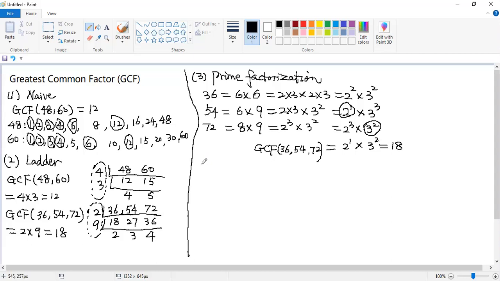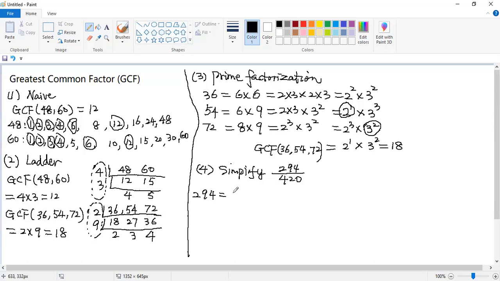Finally, let's look at an application of the greatest common factor. Let's simplify a fraction, 294 over 420. First, we find the prime factorization for 294.